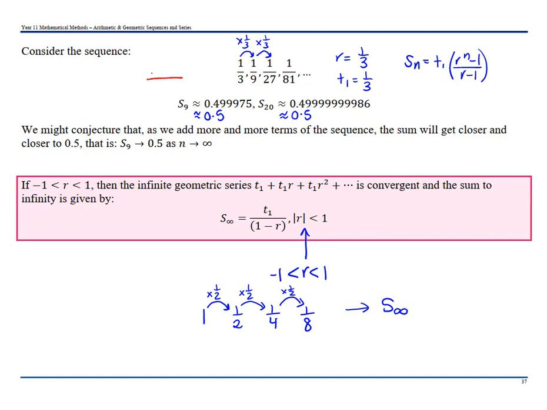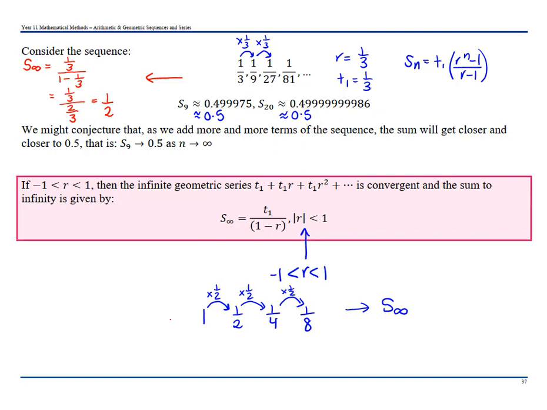Okay, so let's look at it for this example. Our sum to infinity is going to be T1, which is 1/3, over 1 minus R, which was a third. So that's 1/3 divided by 2/3, which equals a half.